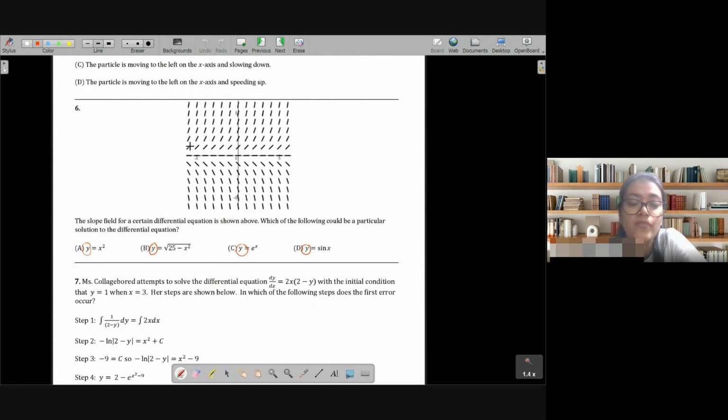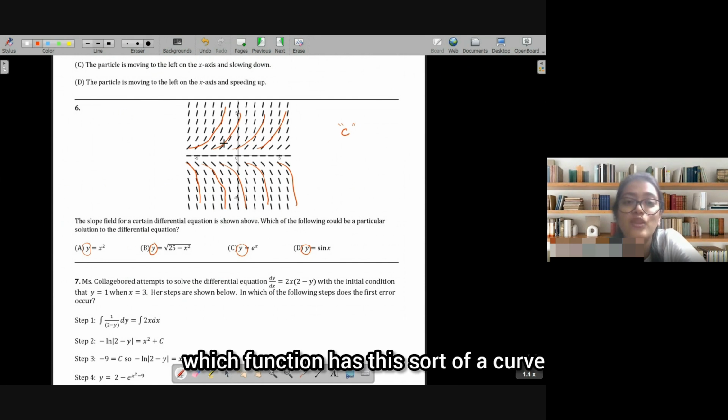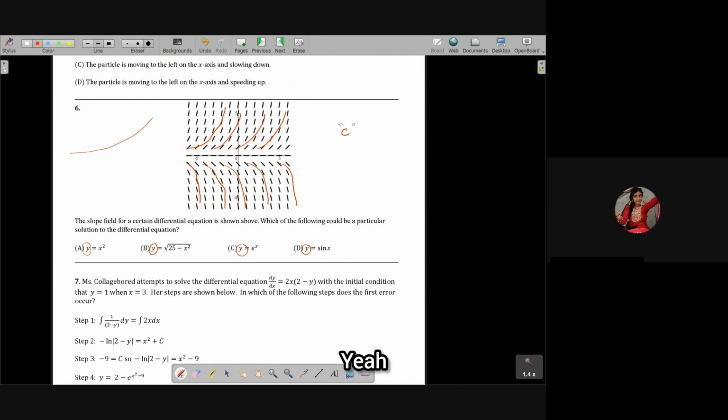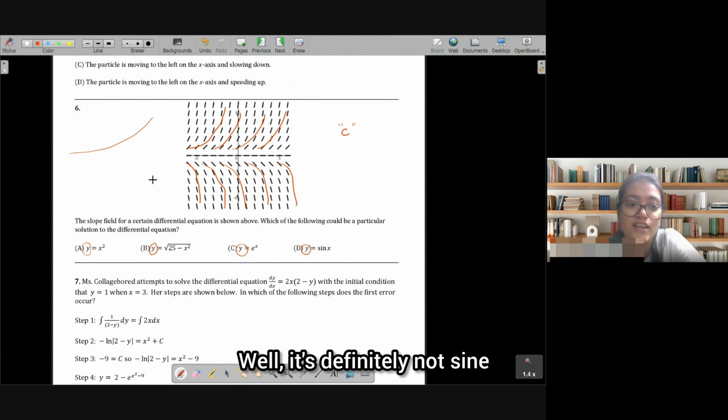Here, if you can identify all the solution curves, see, the curves are like this for different values of c. You'll get this kind of curve, or this. You can guess which function has this sort of a curve. Well, it's definitely not sine.